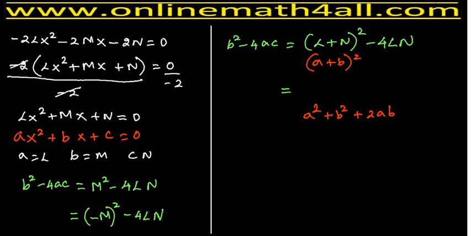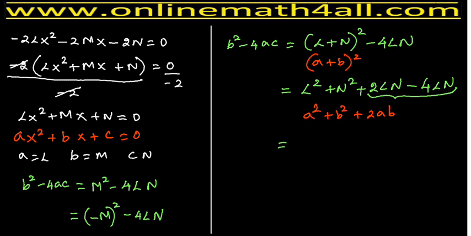So the same result we are going to apply for our problem. When I do so, I'll be getting l square positive n square positive 2 ln, and at last we have negative 4 ln.